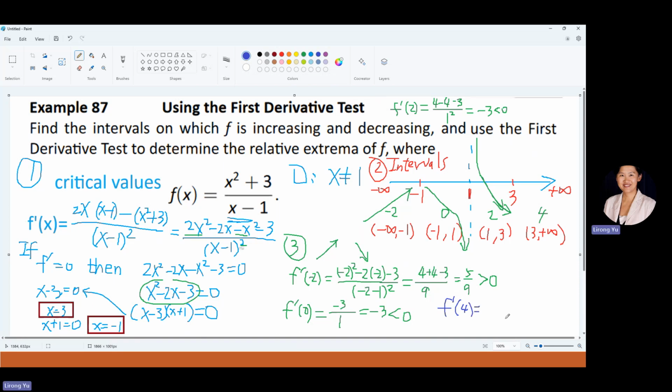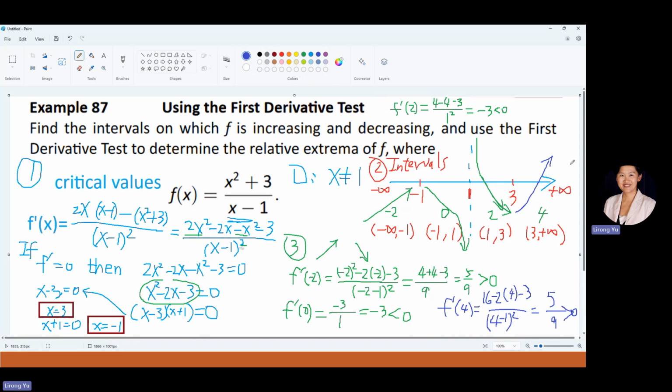We're going to put in 4 there, so it's 16 minus 2 times 4 minus 3, over 4 minus 1 squared. So the denominator is 9 and the numerator is 5. It looks symmetric. So it's positive, and therefore on this interval it's increasing.